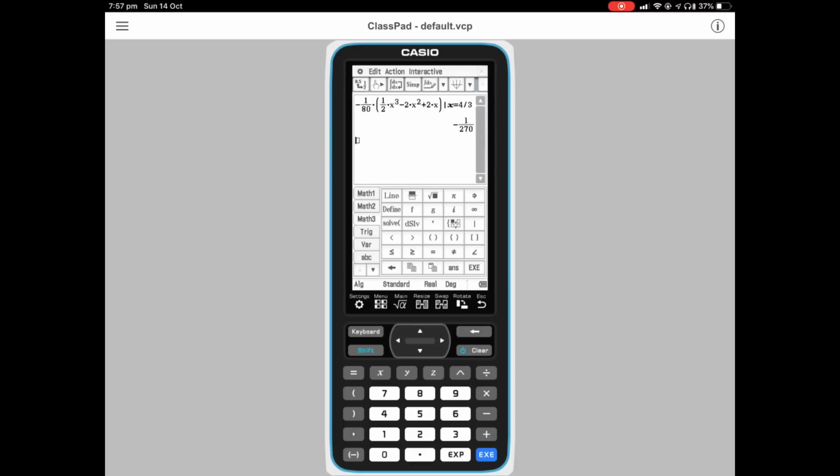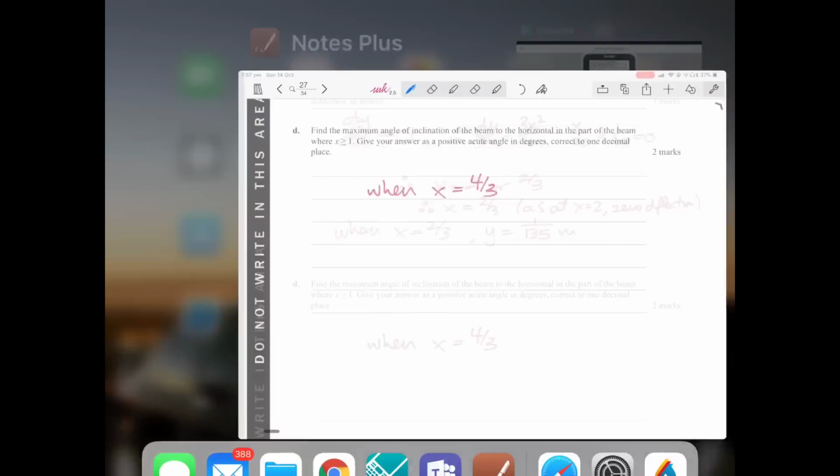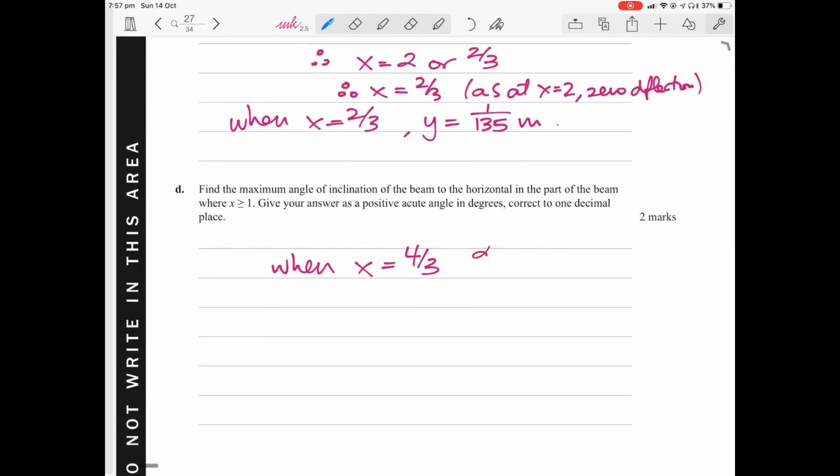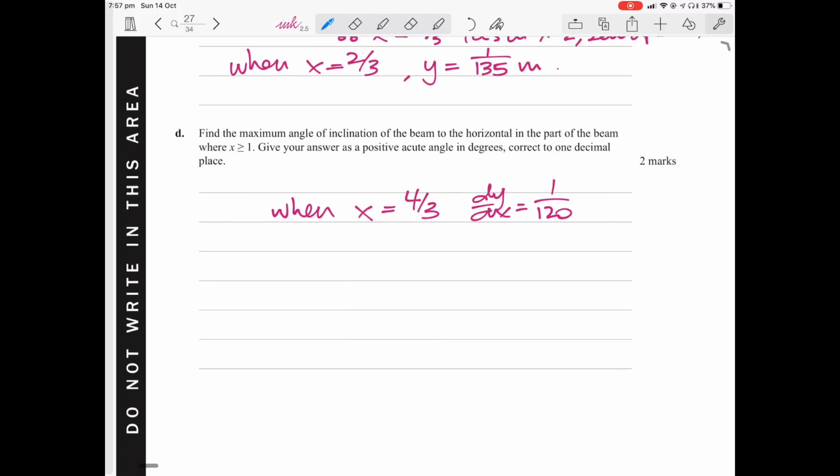So I want the gradient, d/dx of all of that, given x equals 4/3. So dy/dx equals 1 on 120. Tan theta is equal to 1 on 120.